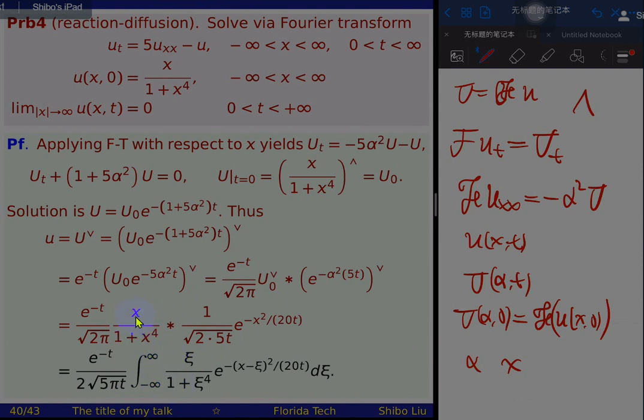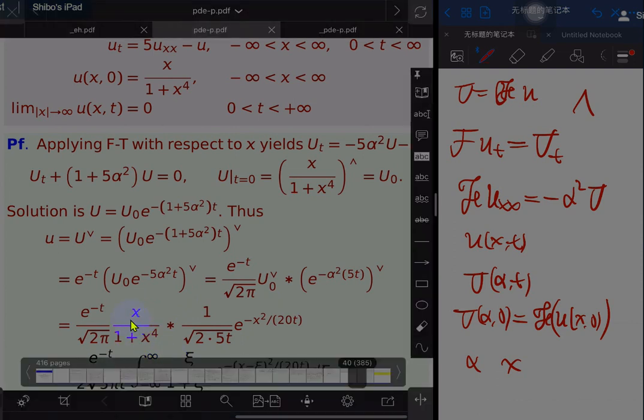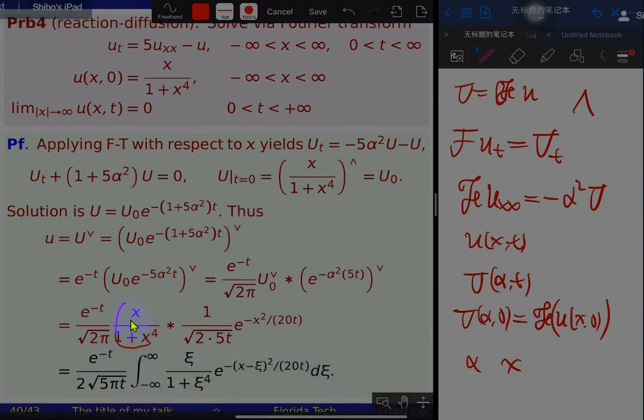By definition, the convolution of these two functions equals the integral of their product, but in one of them the variable x should be replaced by x minus xi. That is simply the definition of convolution. So this is this problem.